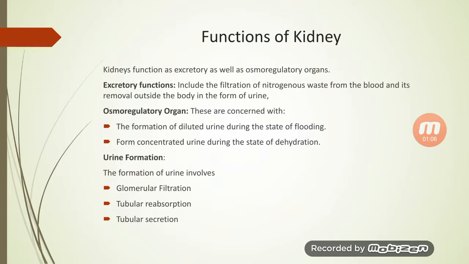Blood enters the kidney via the renal artery, which divides into smaller arteries and finally into the arterioles. The arterioles come into contact with the functional units of the kidneys called nephrons.